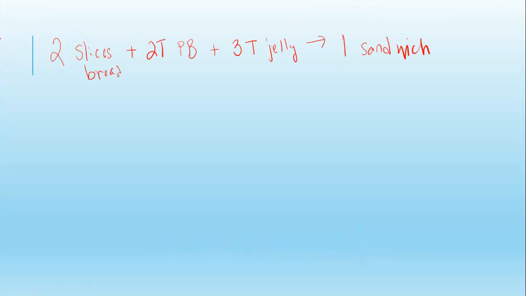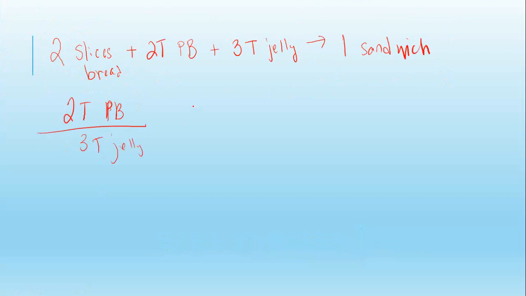Stoichiometry takes what is kind of our chemical equation, our recipe. And what stoichiometry does is it helps us compare the amounts of things in an equation to itself. So for example, we know that there's a ratio here. We know that it's 2 tablespoons of peanut butter to 3 tablespoons of jelly.